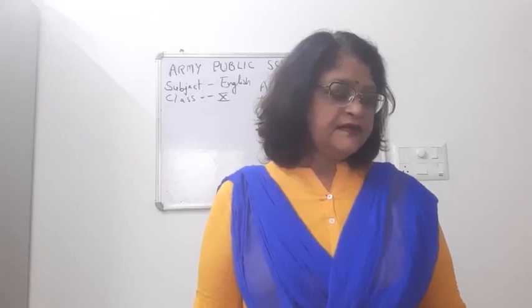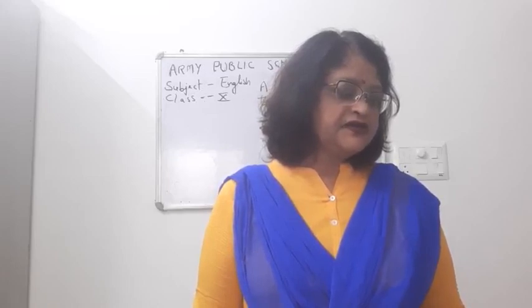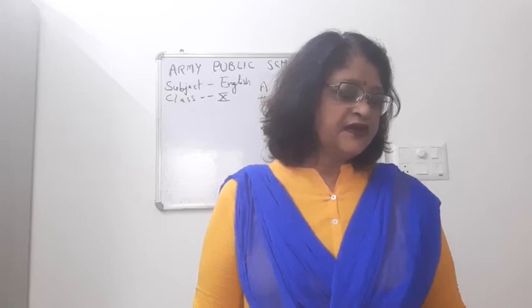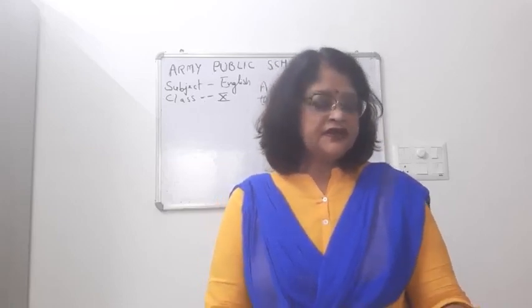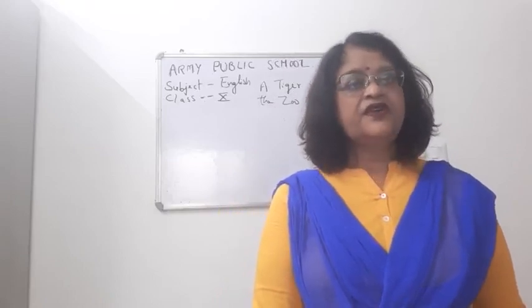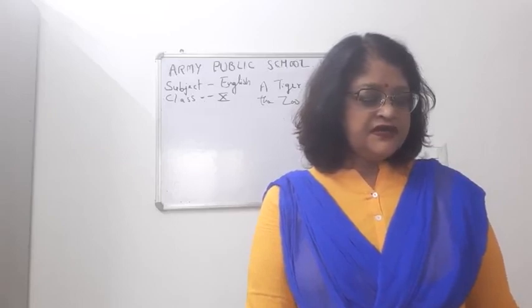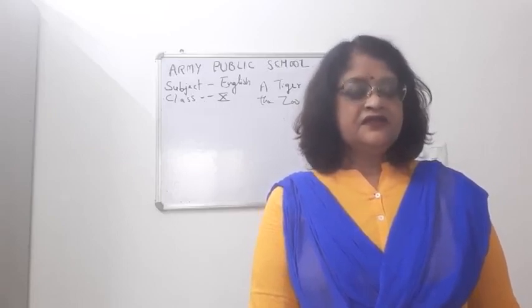Question number 7, children. He hears the last voice at night, the patrolling car. Who hears the last voice and of what? Well, the tiger hears the last voice, that is the sound of the patrolling car of the officers at night inside the zoo. He is imprisoned in a cage in the zoo.